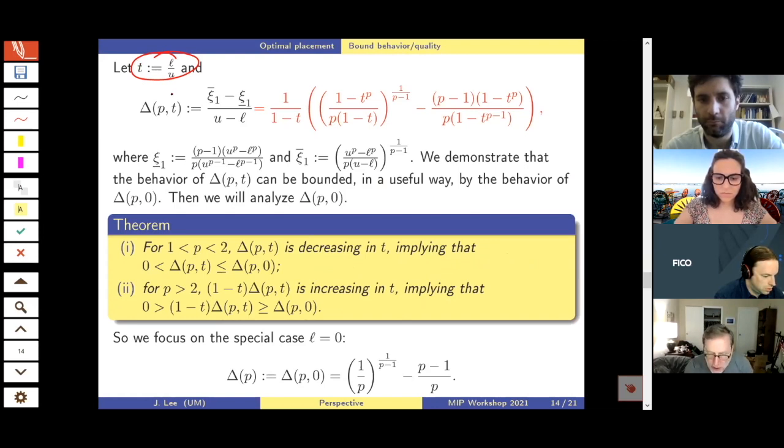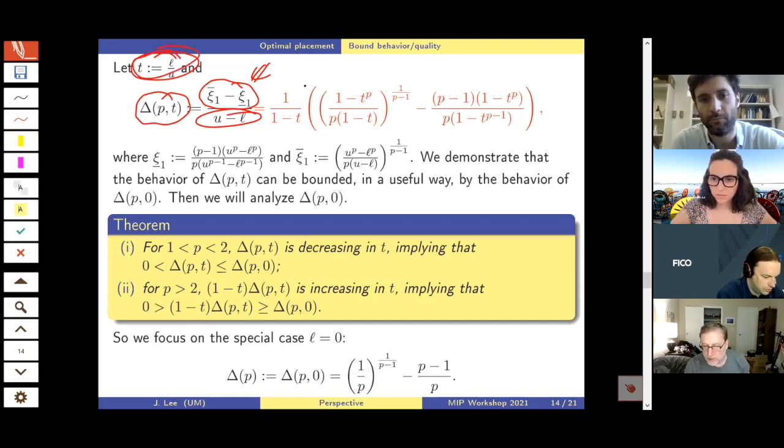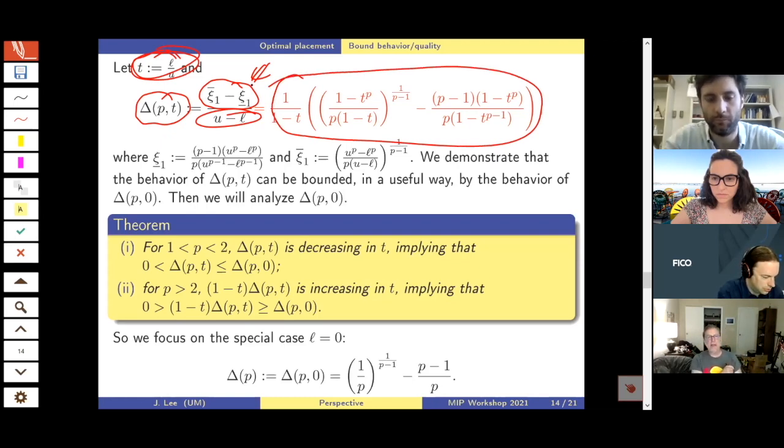And then we define delta P of T. I haven't defined this notation, but it was just those 2 things I circled on the previous slide, that upper bound and lower bound. And we want to know, how does the difference between that upper bound and lower bound compare to the size of the interval that we're looking at? So with this parameterization, you can rewrite this just in terms of P and T. And so now we can start to play with T and try to understand how this behaves.